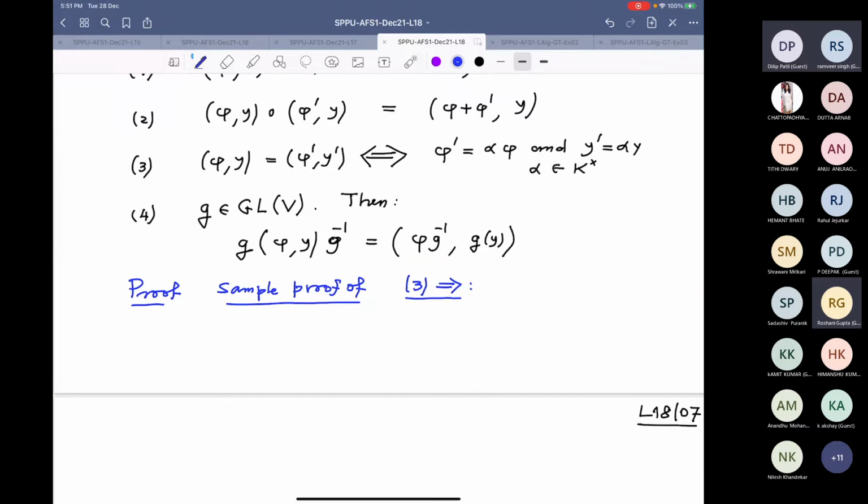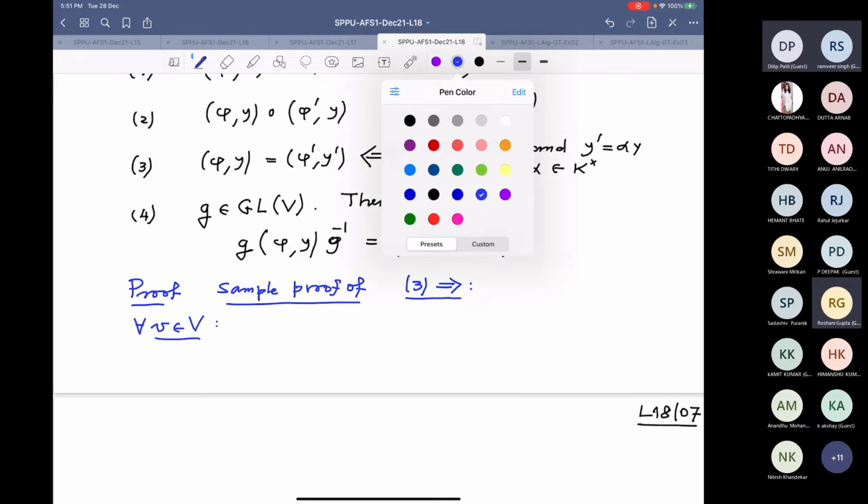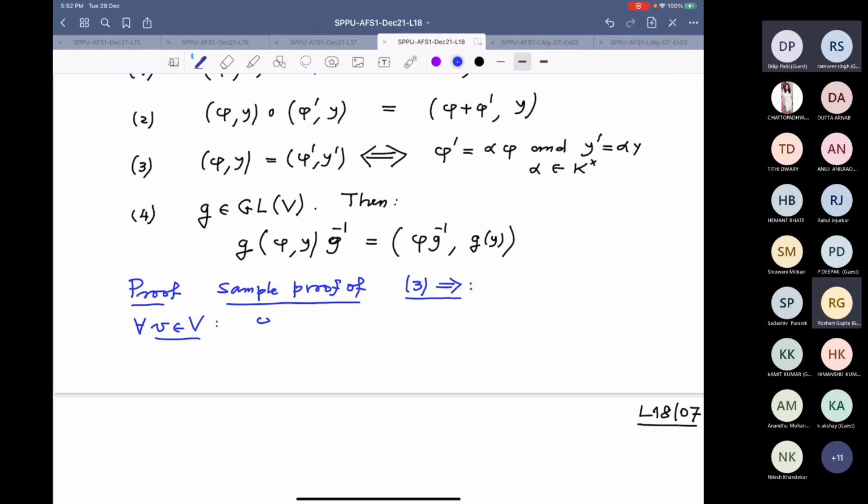Take any v in V. And this equality means, for every v in V, that v plus phi of v times y is equal to v plus phi prime of v times y prime. Agreed? Ramveer.